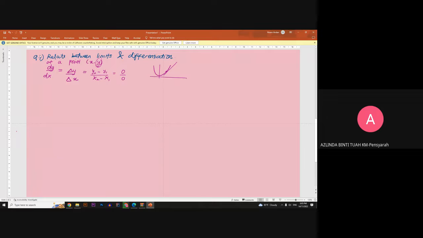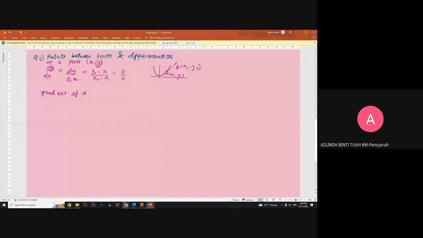From the tangent line, we have a point A and point B, so we can get different values of x and also different values of y. Then we get a value for the numerator and a value for the denominator when we have a line.